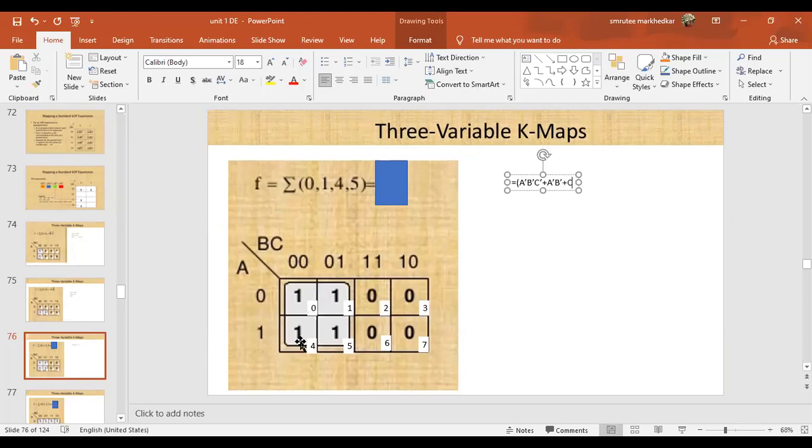And let's go to fourth position. So I will see here A is there and B bar and C bar is there. And then if I go to the fifth position, I can see I have A and I have B bar and I'm having C.